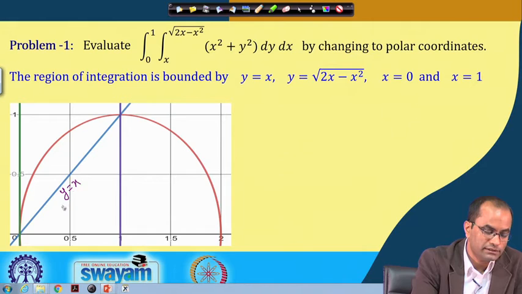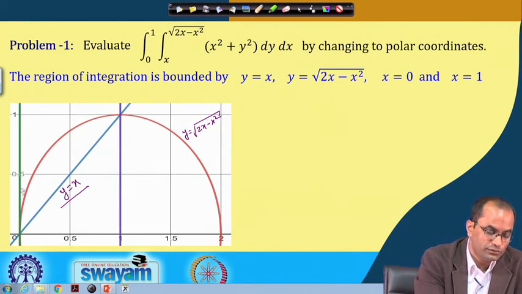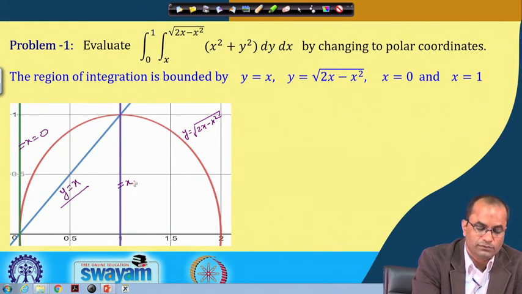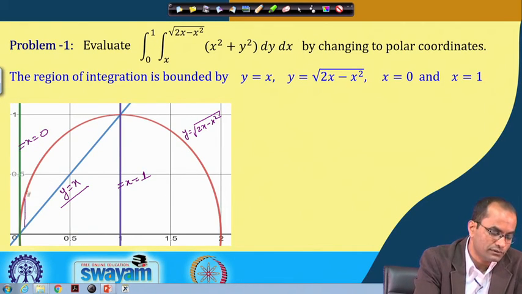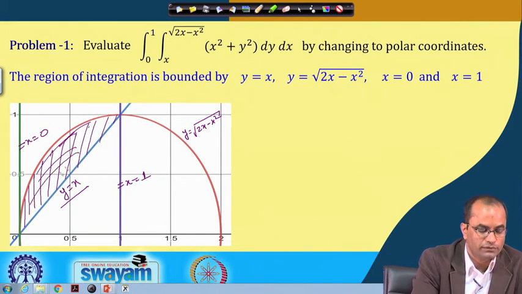We have the circle here, y square is equal to 2x minus x square, and x goes from 0. So, this is x is equal to 0 line to x is equal to 1 line, and the region enclosed by this one, from the line y is equal to x to the circle. So, this is the region of integration which we are using here, and we have to now cover it with the help of the polar coordinate.